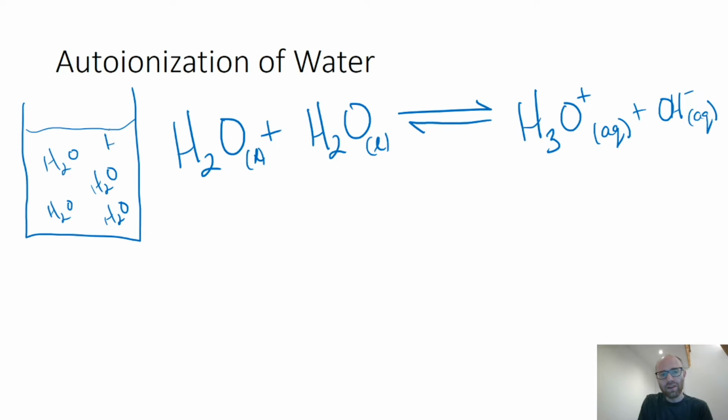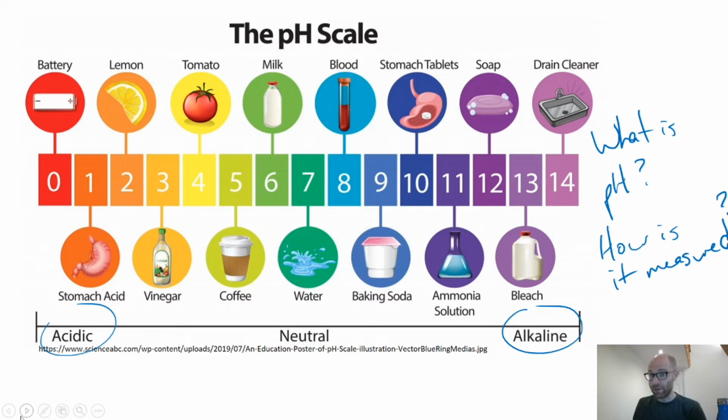It's really more fair to say that in every sample of water, there is some H3O plus and some OH minus. But how much? There's a way to measure the amount present at equilibrium. It involves something called an equilibrium constant, and I'll just give you the one for water because it's an important one. It is always true for any aqueous solution, which all of these are aqueous solutions.